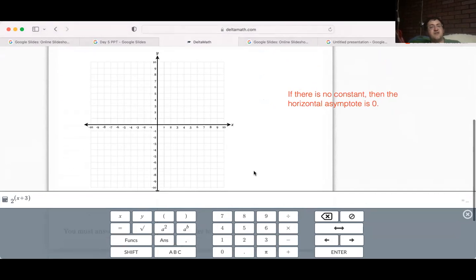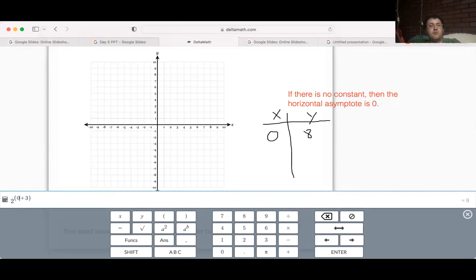And then I'm just going to try out some numbers. So on this one, I'm going to do 2 to the 0 plus 3 first. So when I plug in 0, I get 8 for my y.